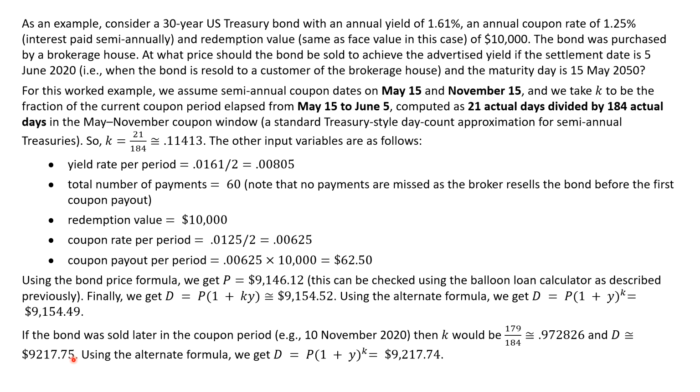That's because the brokerage house wants to recoup most of the first coupon, right? Because they've held it almost the entire period. And then if we use the alternate formula, we would get this number here. On the next slide, I'll compare what I got here using our approach to what you get using the price function from Microsoft Excel.